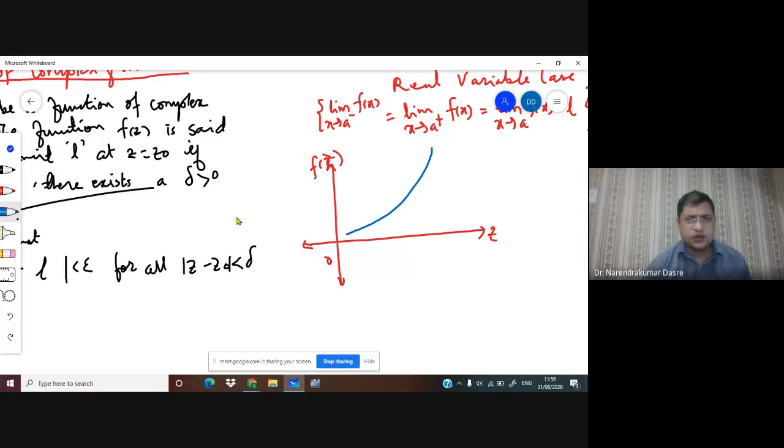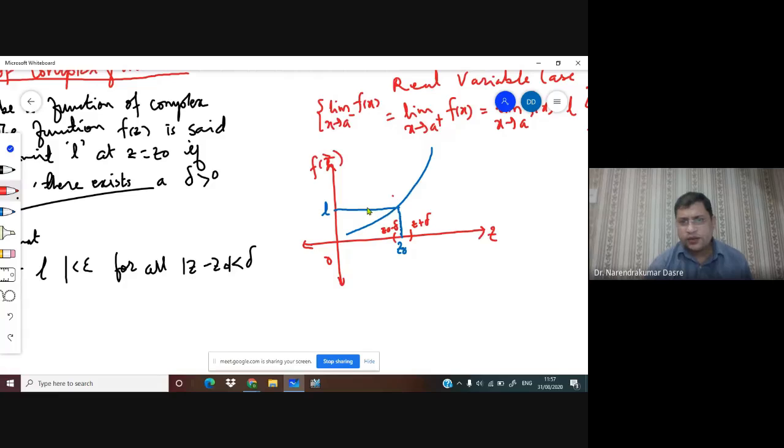Suppose this is the curve, and we have z0 here. This is z0. Then this is the value L. So what happens is, when we have the distance between z, so this is z0 minus delta and z0 plus delta.